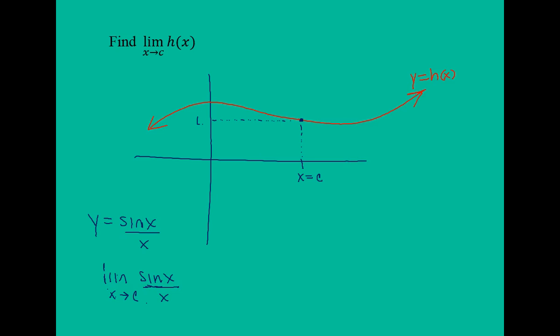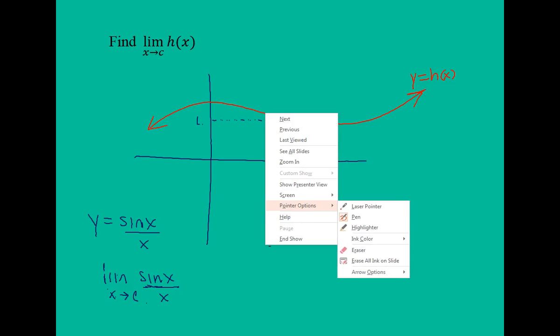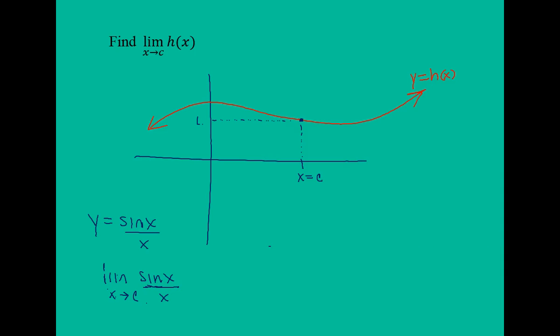So what we're going to do is look at trying to find another function that is always greater than h of x. Let's say we have this. Let's call this f of x. And we know how to find the limit of f of x as x approaches c.